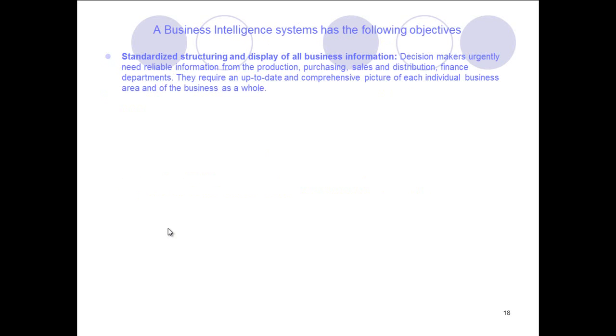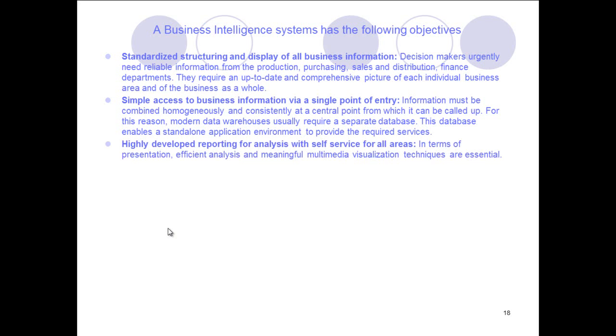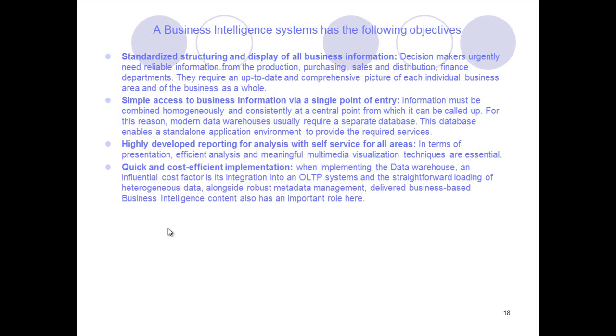Business intelligence systems have the following objectives: standardized structuring and display of the business information. Decision makers want urgent reports, so they require an up-to-date and comprehensive picture of the data. So that is what we provide by using BI. Simple access to business information via a single point of entry, and highly developed reporting for analysis with self-service for all queries.